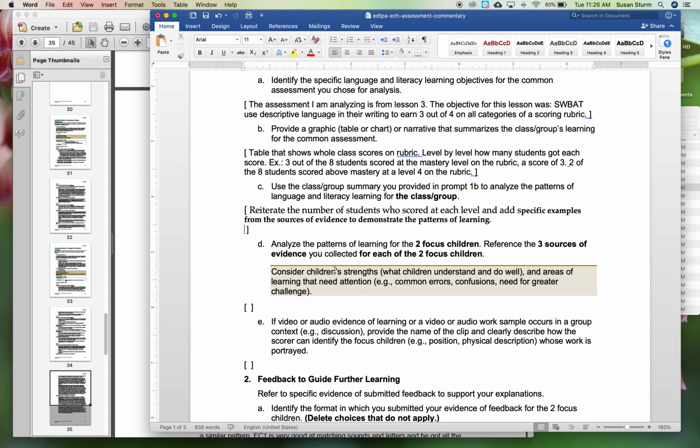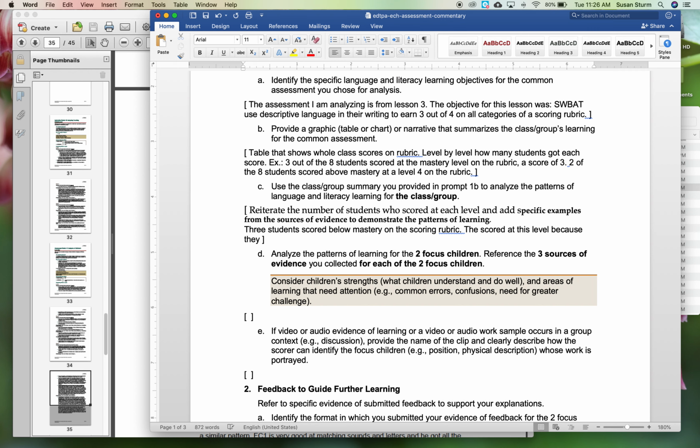So this might sound like 3 students scored below mastery on the scoring rubric. They scored at this level because they did not, I don't know, make this align to the rubric.